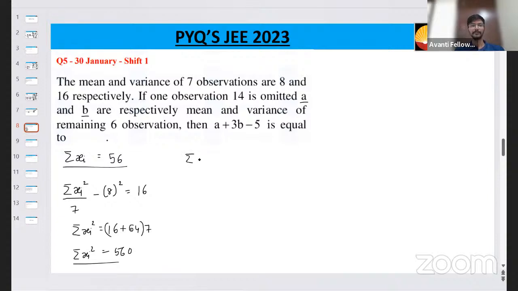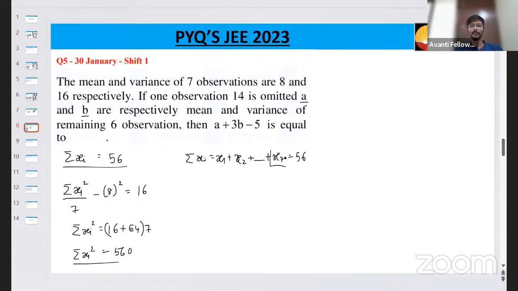that means summation xi, what will come in it? Summation xi was x1 plus x2 up to x7 because there were 7 observations.